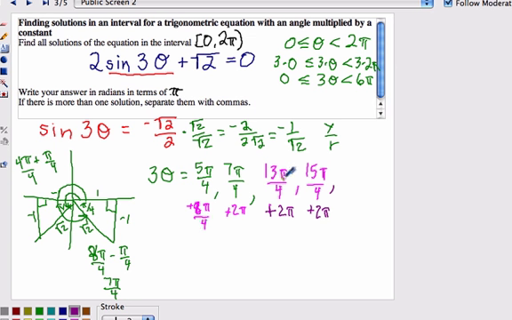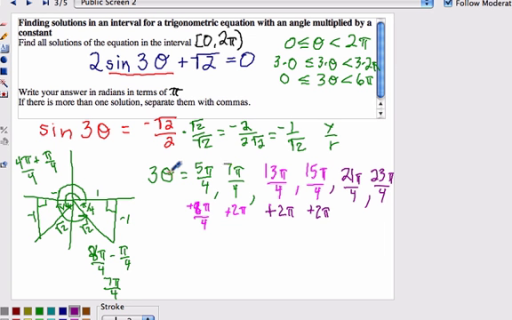Basically I'm adding 8 pi over 4 to this value and 8 pi over 4 to this value. So 8 pi plus 13 pi, so 8 and 13, that is 21 pi over 4. And then if I add 8 pi over 4 to 15 pi over 4, that's going to give me 23 pi over 4.